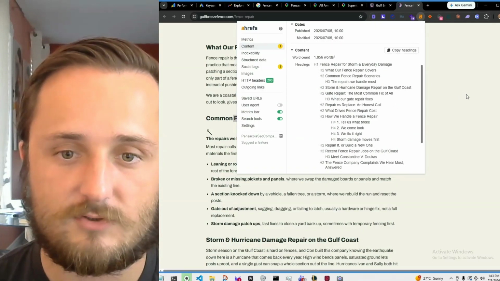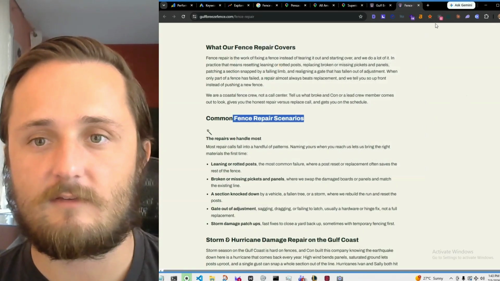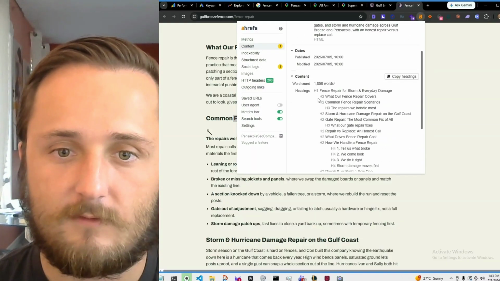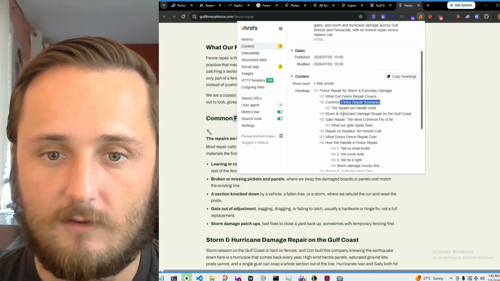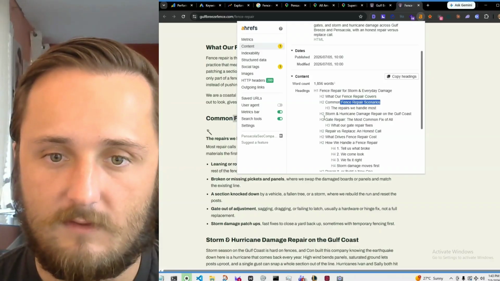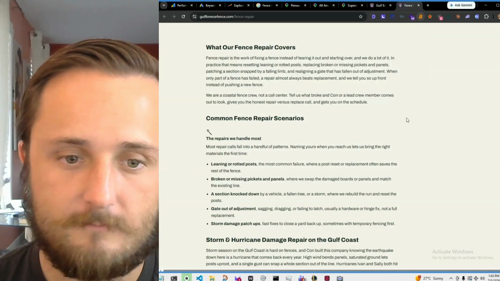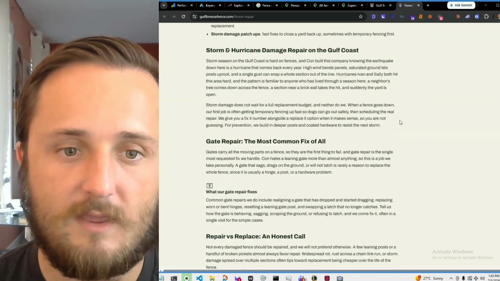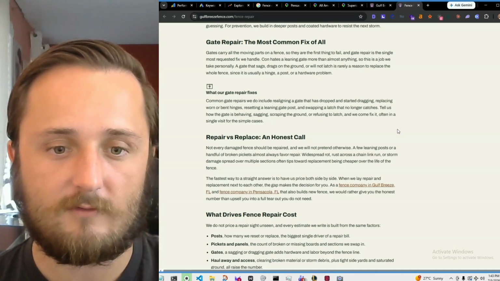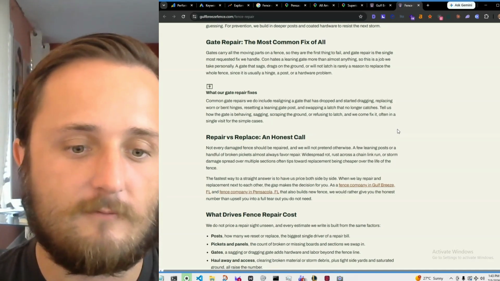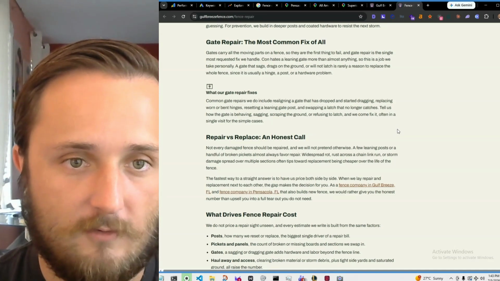Looking through our heading structure, what we can see is that we have these fence repair covers, fence repair scenarios. We've got gate repair versus replace. Across this entire page, we've got these entities, which are just nouns. Then we also have these bolded terms.